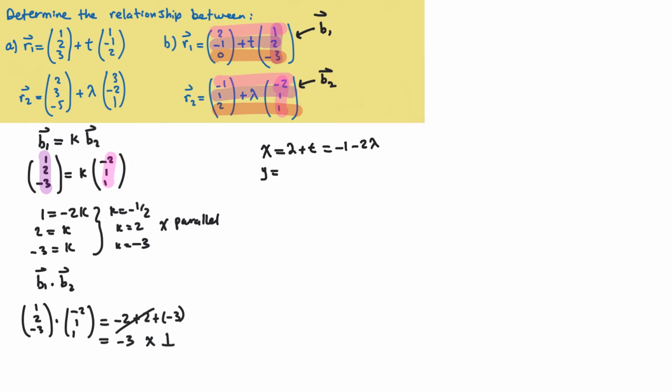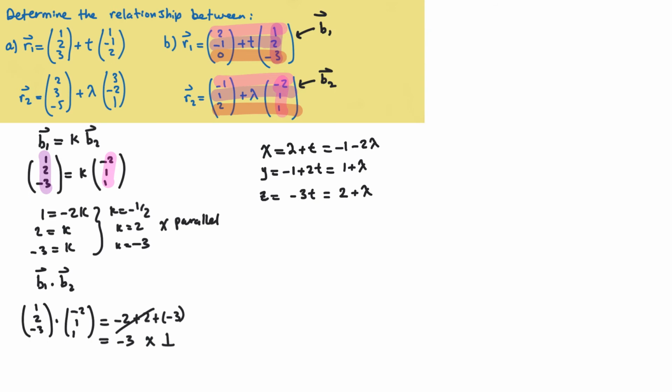For y, y1 is equal to -1 plus t times 2, which is -1 + 2t, which is equal to 1 plus lambda times 1, which is 1 + lambda. For z, we're going to have 0 plus -3 times t, so that's just -3t, and that's going to equal 2 plus lambda times 1, which is 2 + lambda.